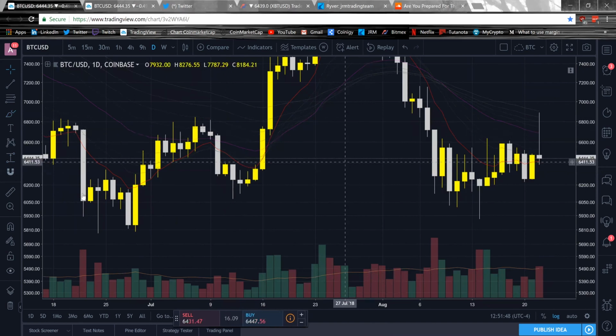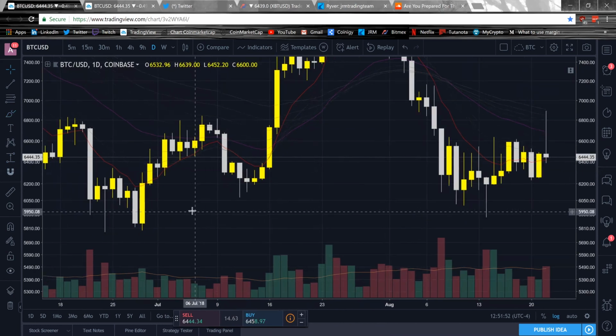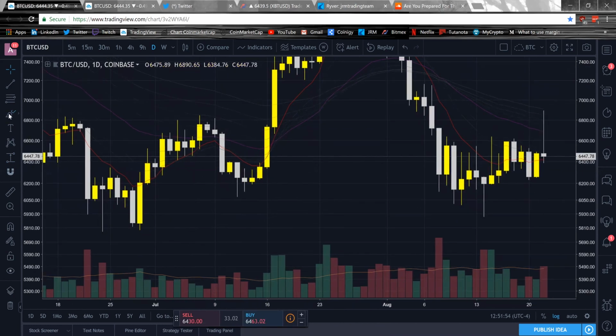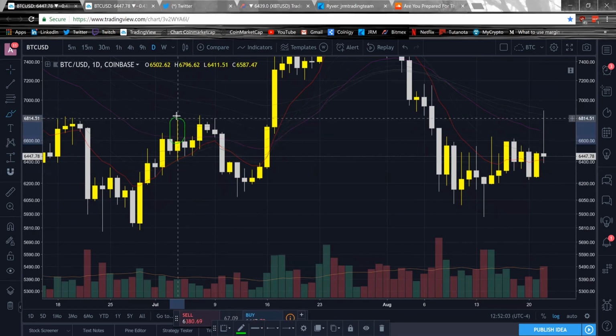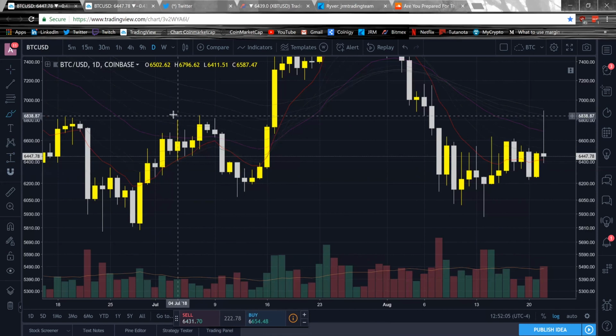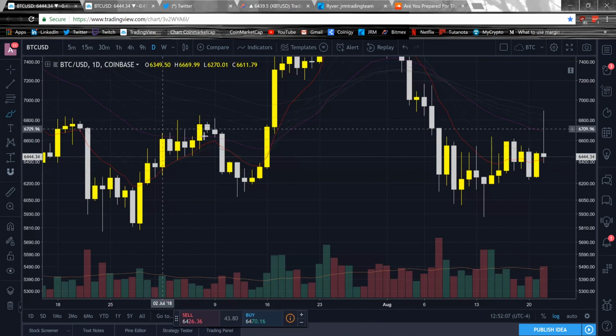All right, so next we'll go into topping tails and topping tail takeouts. Often when a move gets extended, you start to see these topping tails, which is where the shadows or wicks of candles are very large at the close.